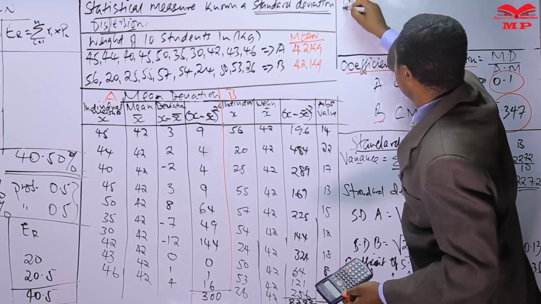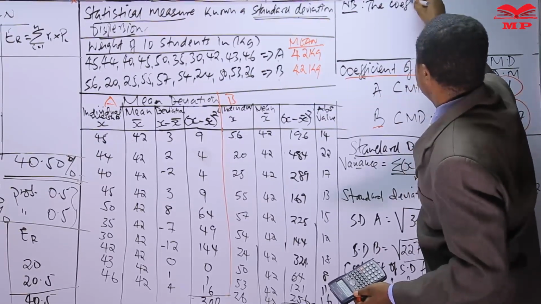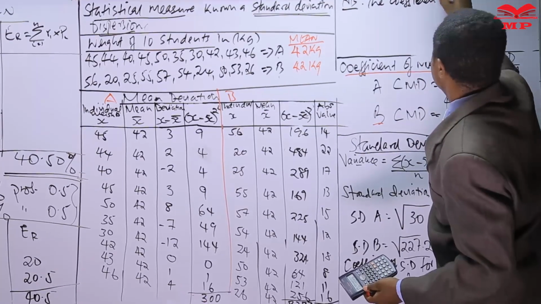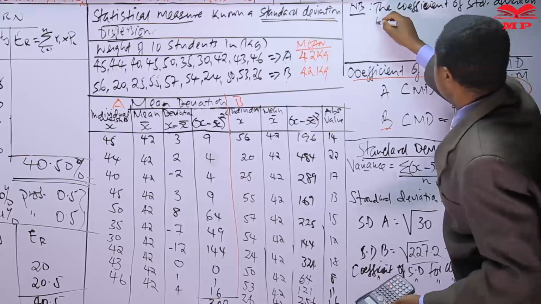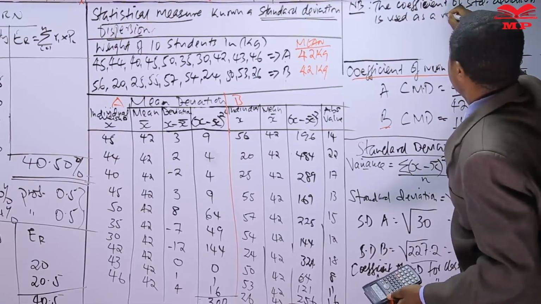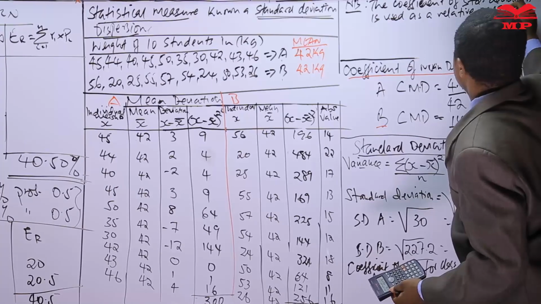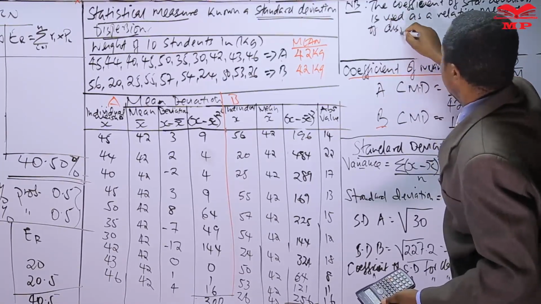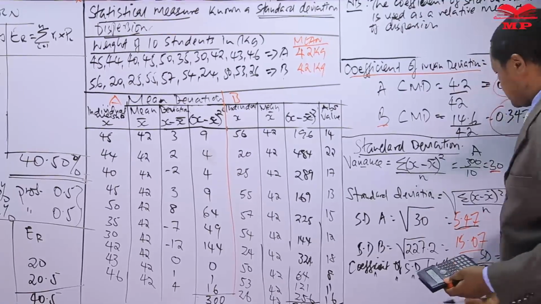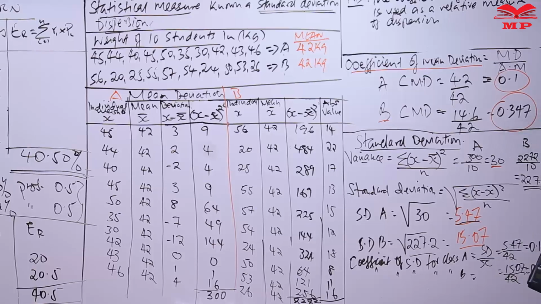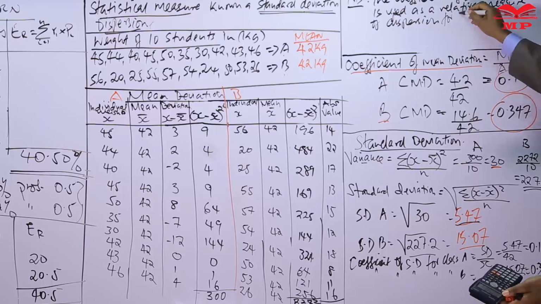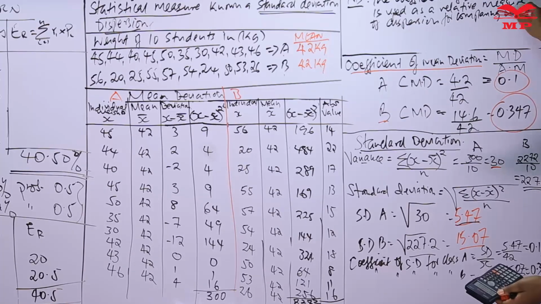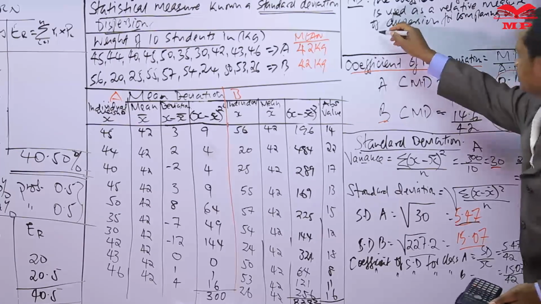The coefficient of standard deviation is used as a relative measure of dispersion for comparing similar data or series.